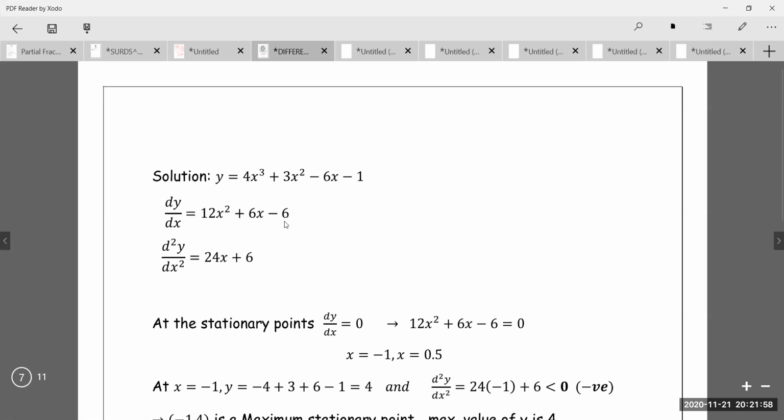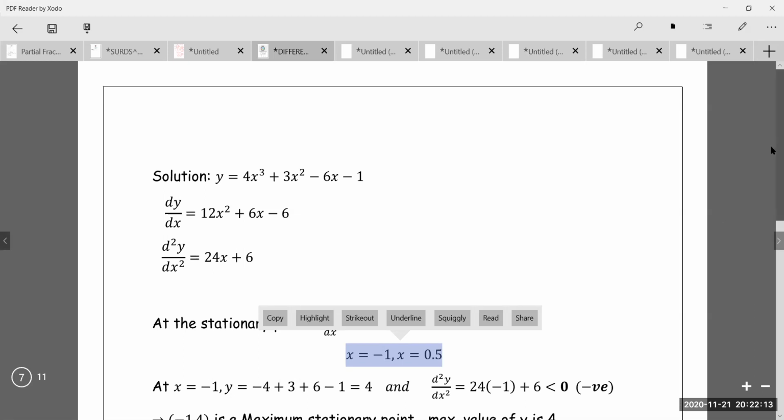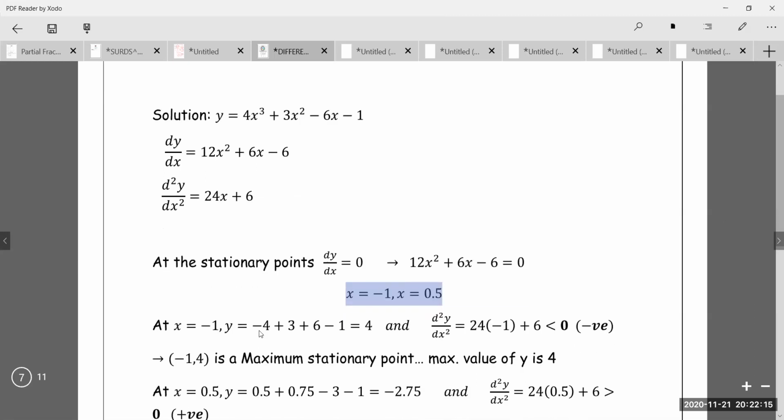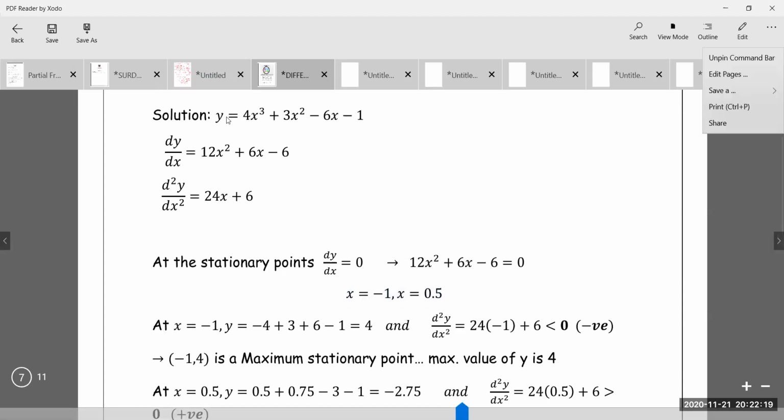Now at the stationary point, dy by dx is 0. So solve 12x squared plus 6x minus 6 equals 0. Using the quadratic formula, I get x equals -1 and x equals a half. I plug x equals -1 back into the formula to get y, and the point is (-1, 4).